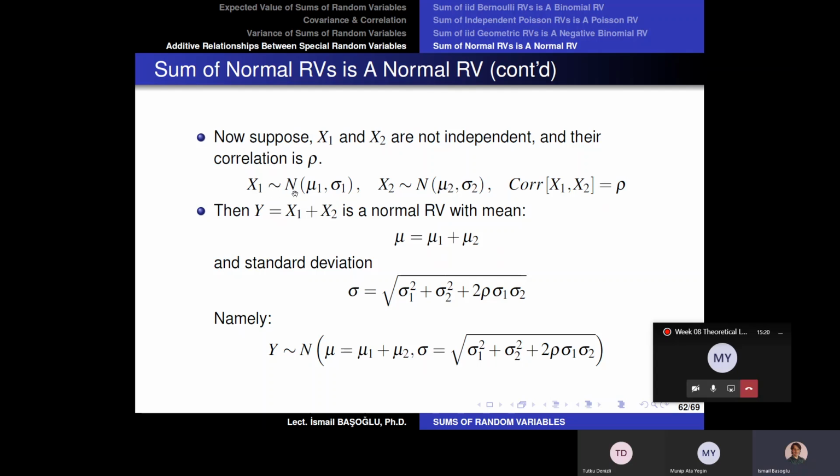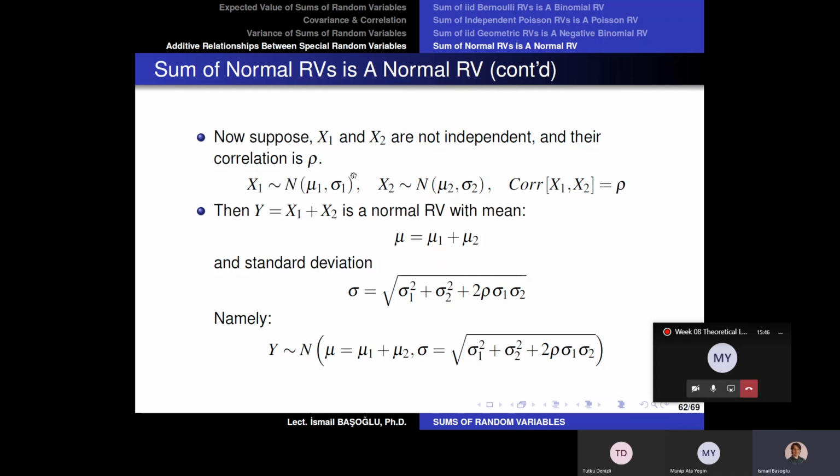And x1 is normally distributed with location and scale parameters mu1 and sigma 1. x2 is normally distributed with location and scale parameters mu2 and sigma 2. And the correlation between x1 and x2 is equal to rho. Now remember, correlation value can be between -1 and +1. It can take any value between -1 and +1.